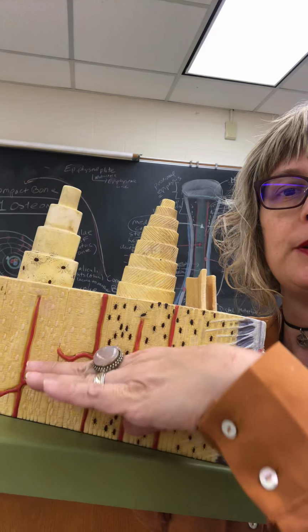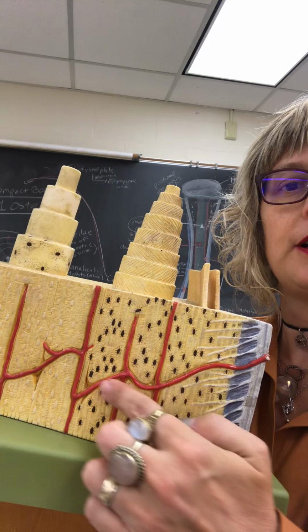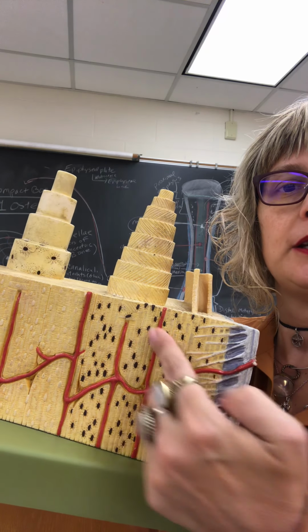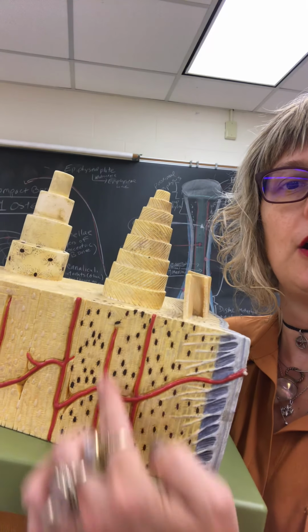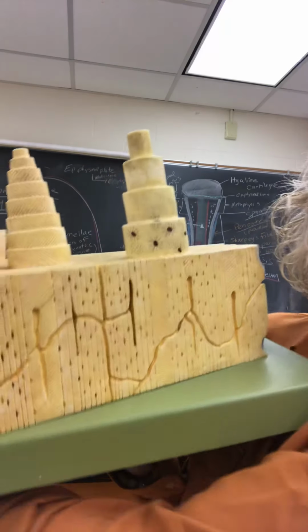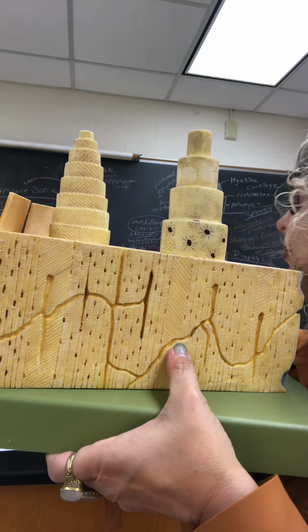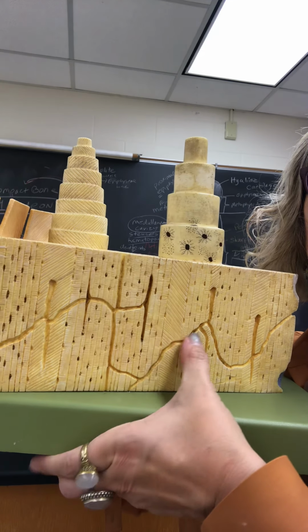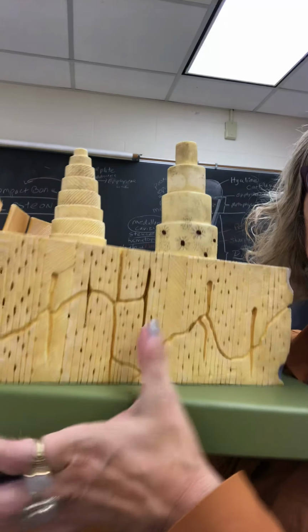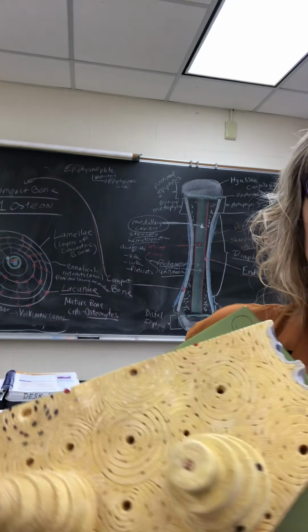But cutting perpendicular to the central canal is another canal that has tributaries across from the main artery. And that canal, if we turn it around, see it here, these are called Volkmann's Canal right here, Volkmann Canal. And that's your central canal, which has, of course, your vasculature.